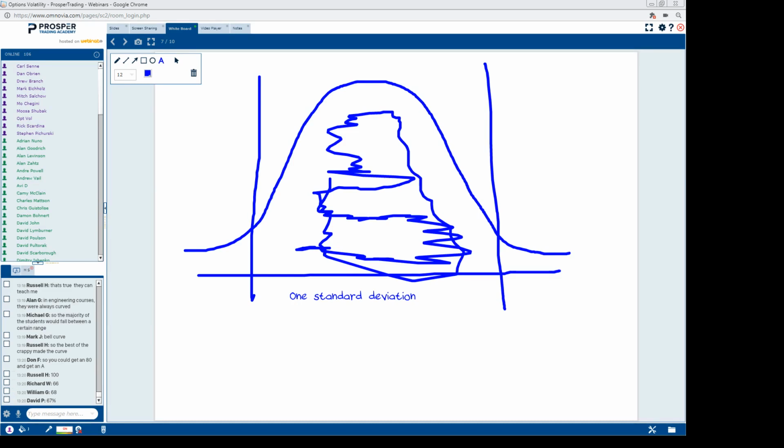Yep, we call it 67%. It's actually, I believe, the true number is something like 68.26%. But for our purposes, we're going to call it 67%.